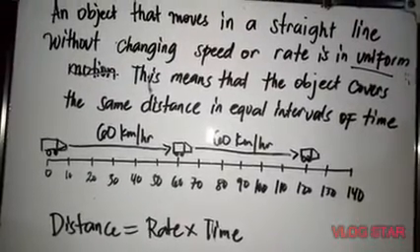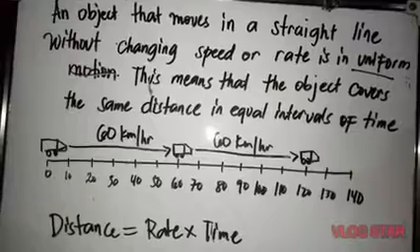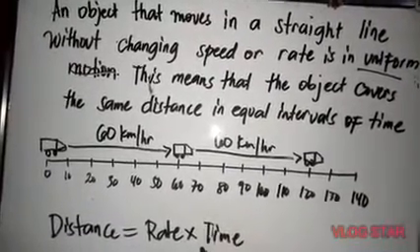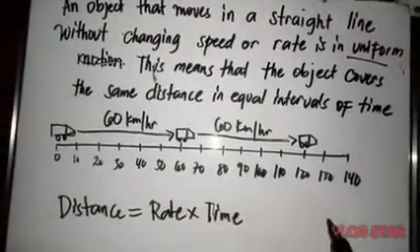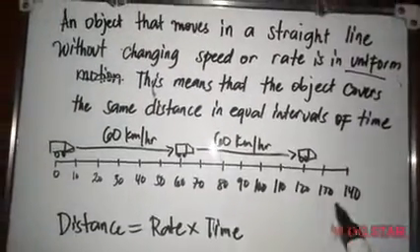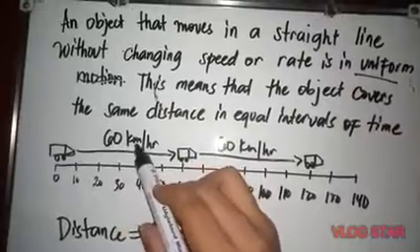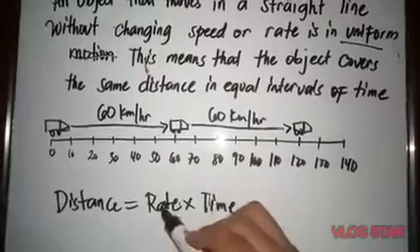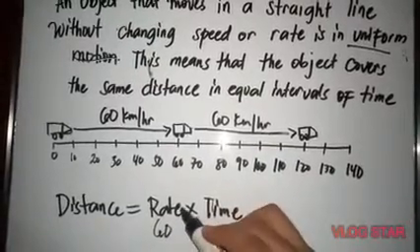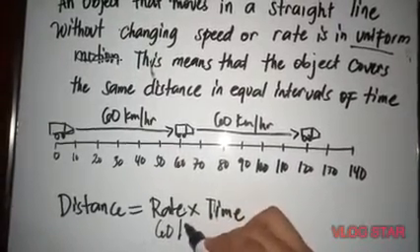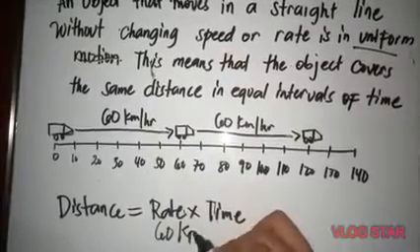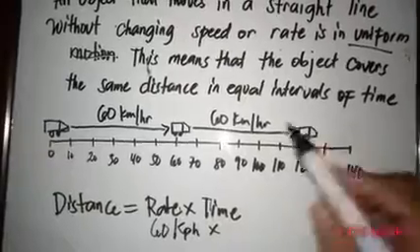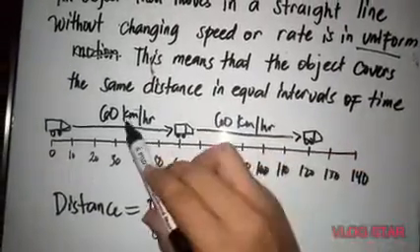Since we're talking about distance, the formula for distance is rate times time. For example, the rate is 60 kilometers per hour, or kph, times, let's say, 2 hours.